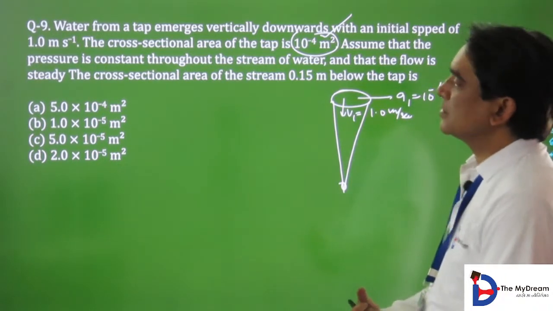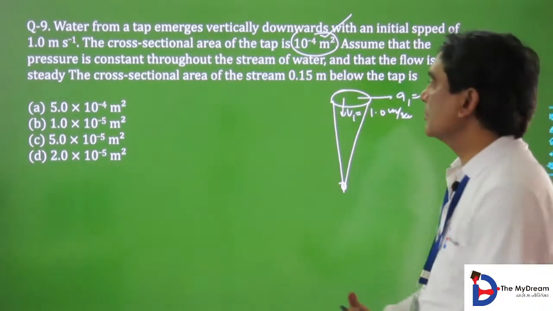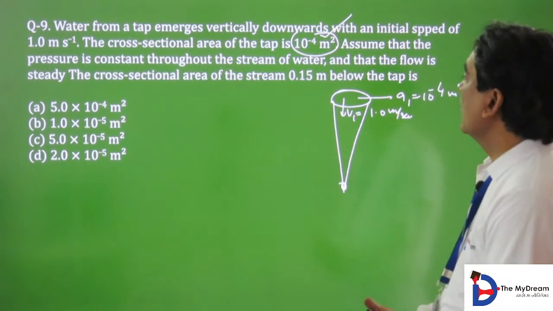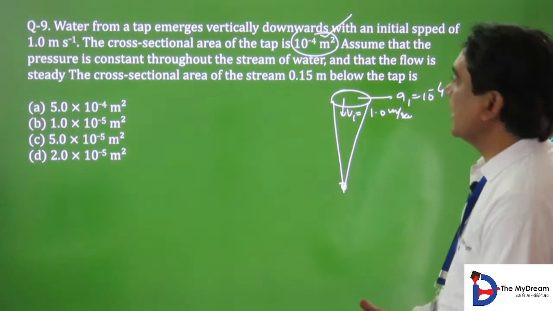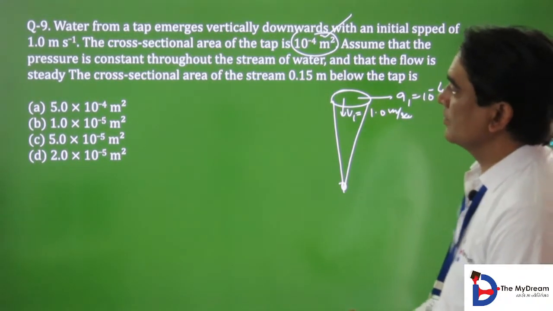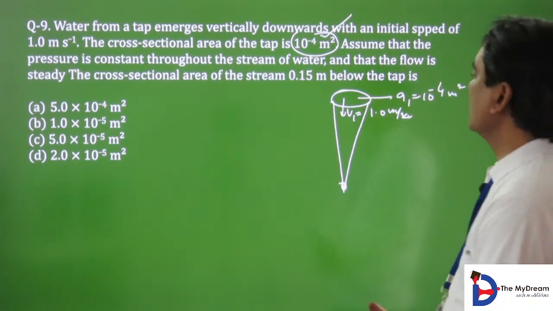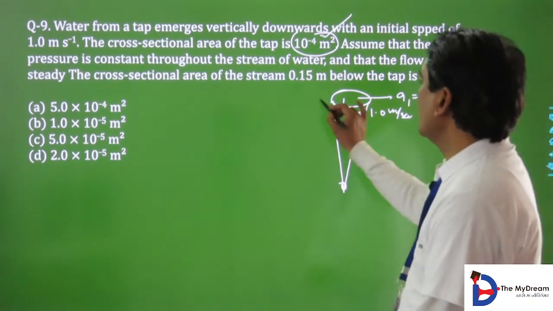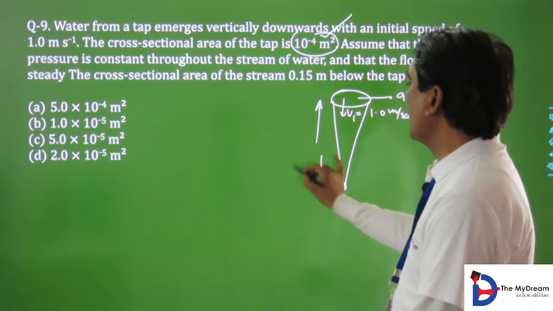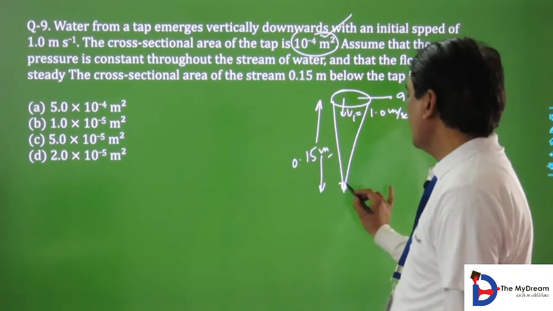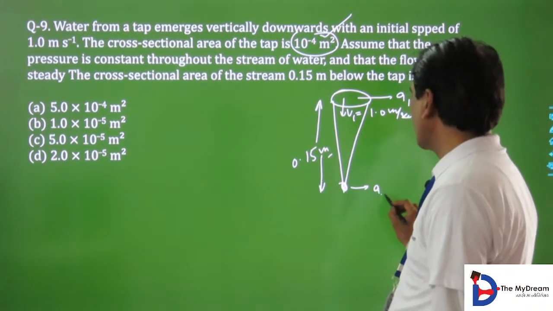It means P1 is equal to P2, which will be cancelled. And that the flow is steady. The cross-sectional area of the stream 0.15 meter below. You want to know the area of cross-section of this part.